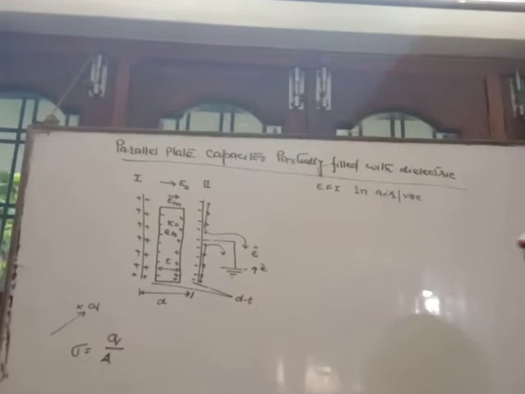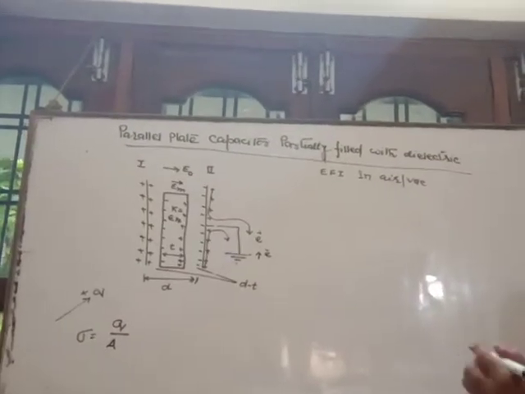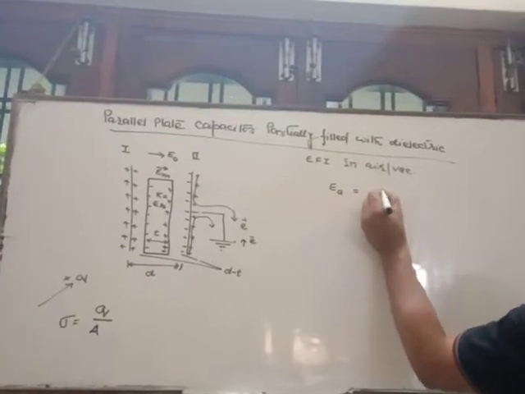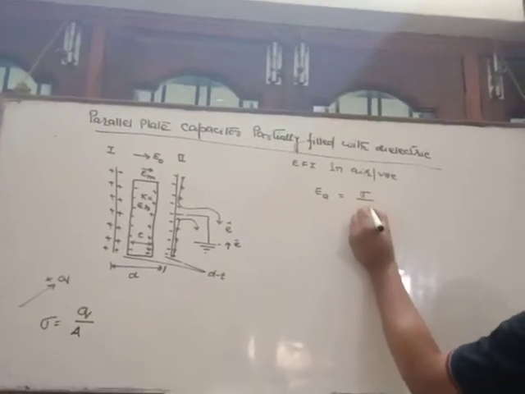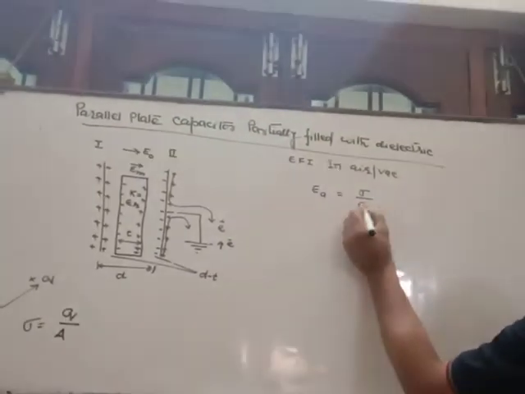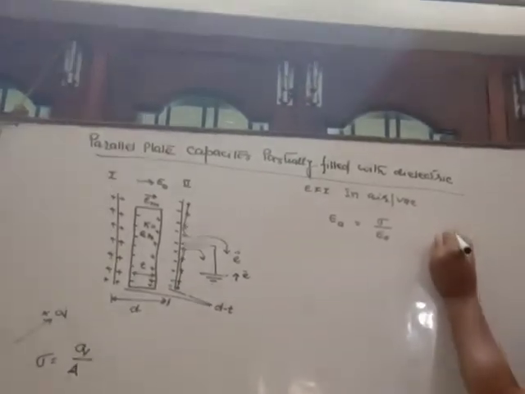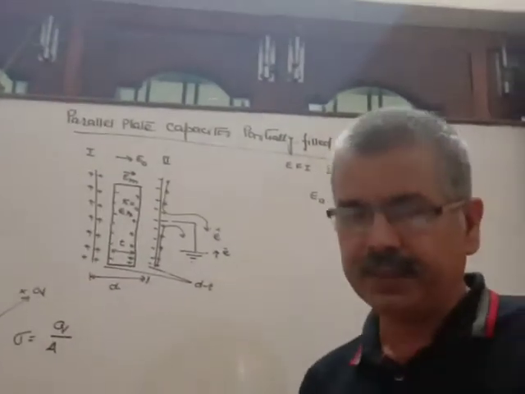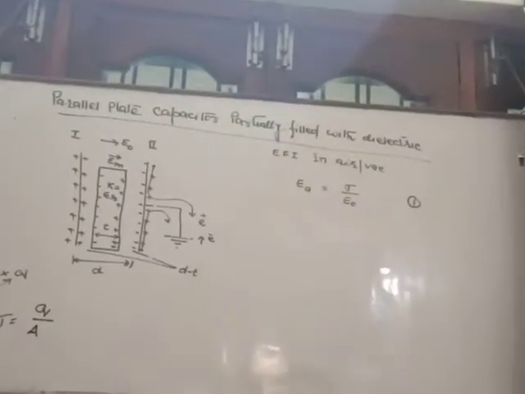So what is the intensity of the electric field in between the two parallel plate sheets? Yes, it is EA, suppose it is equal to sigma by epsilon 0. This is the intensity of the electric field in between the plates in the presence of air.